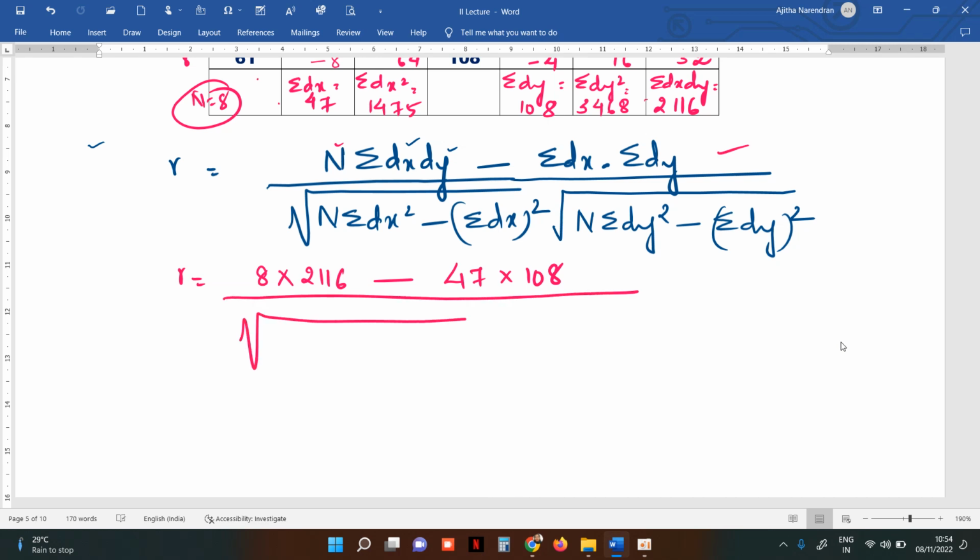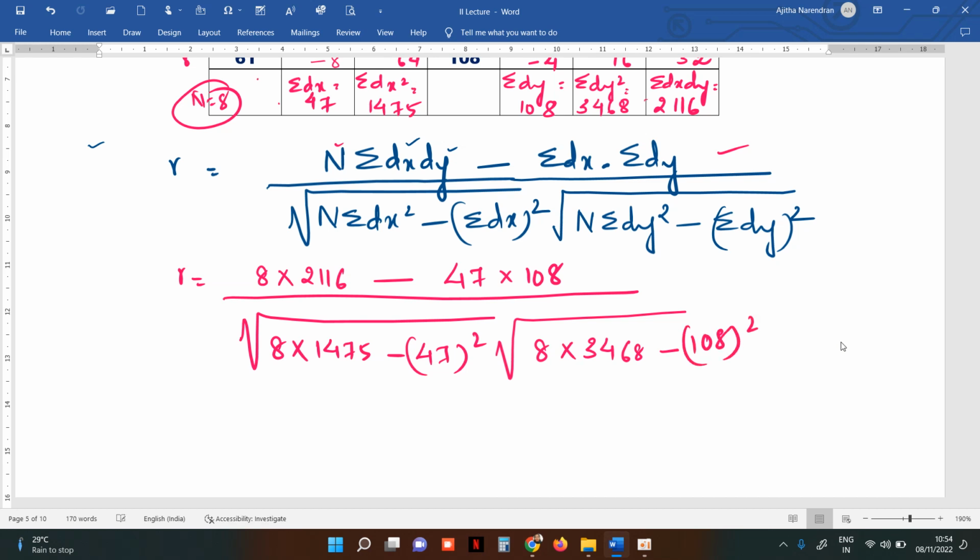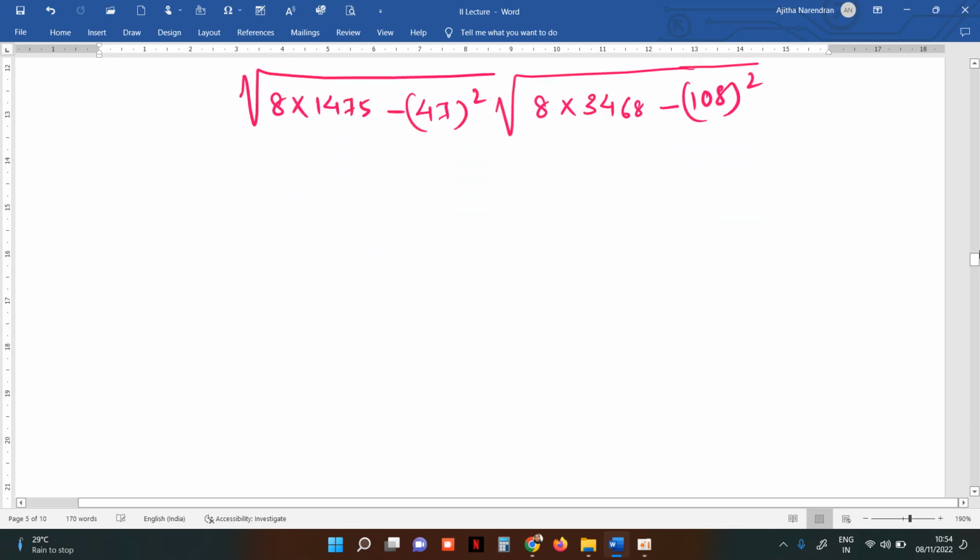The whole is divided by root over n is 8, into dx square is 1475, minus dx is 47 whole square. Then 8 into dy square is 3468 minus dy is 108 whole square. So the remaining question is easy. You can find out the solution, right?